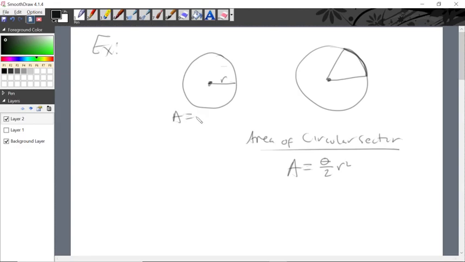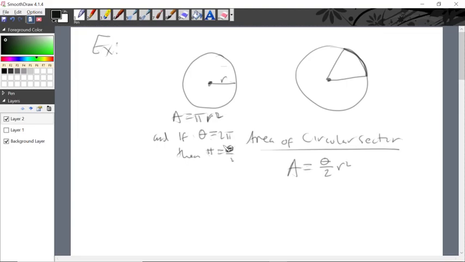If the area of a whole circle is pi r squared, and we say that this is the area if theta is equal to 2 pi, then this is the area of a circular region where pi is equal to theta over 2.